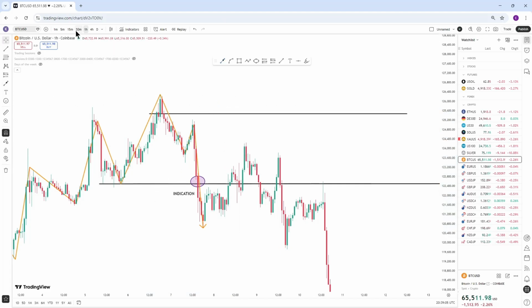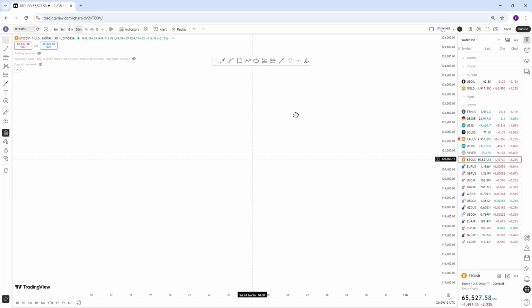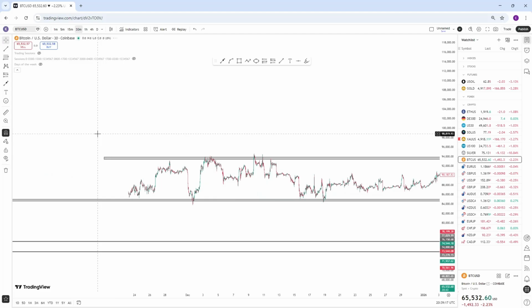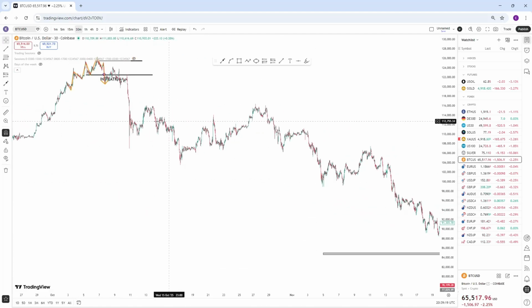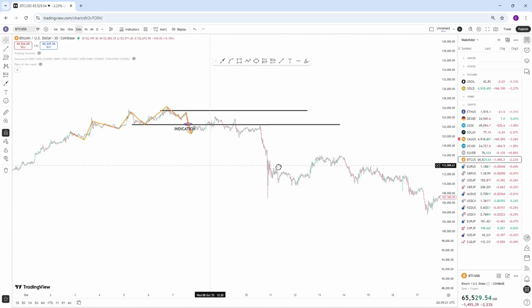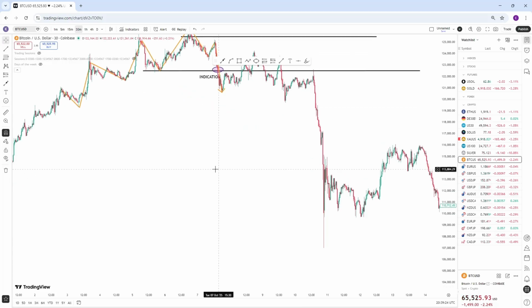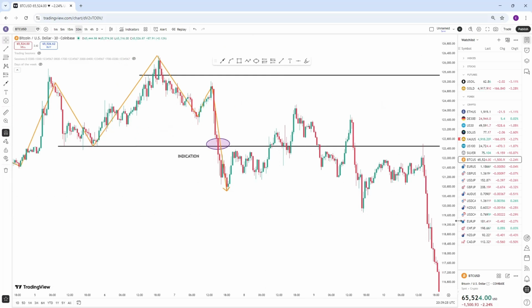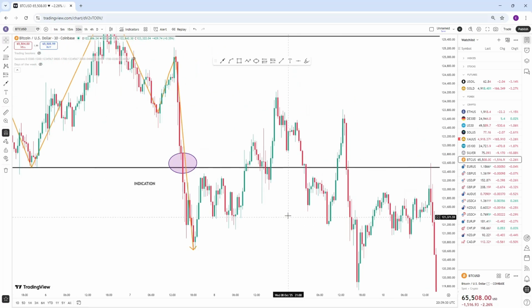Okay, so after spotting this indication, we go on to the lower time frames, right? Let me show you. You can see after our indication, the correction then starts from here.